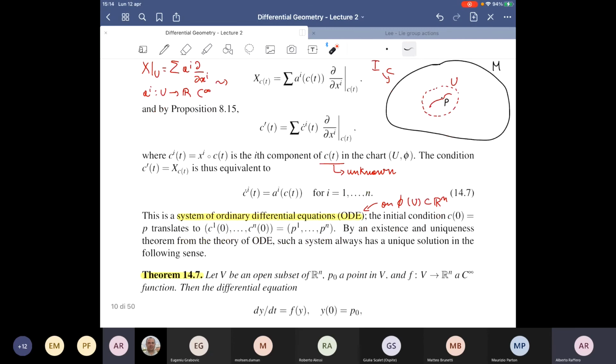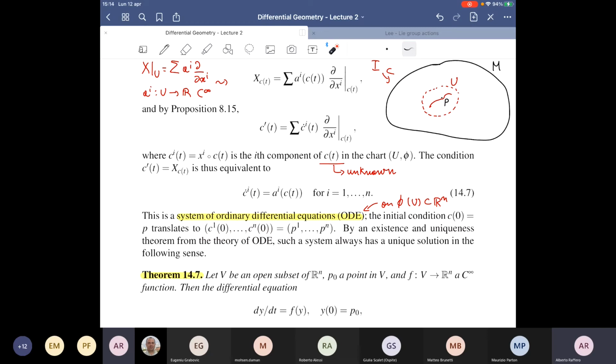And if we consider, together with the system, the initial condition, which is requiring that at time equal to 0 our curve passes through the point p, well, this will give you the initial conditions for all these unknown functions c1(t), c2(t), until cn(t).